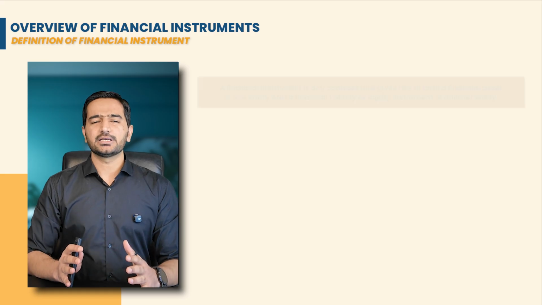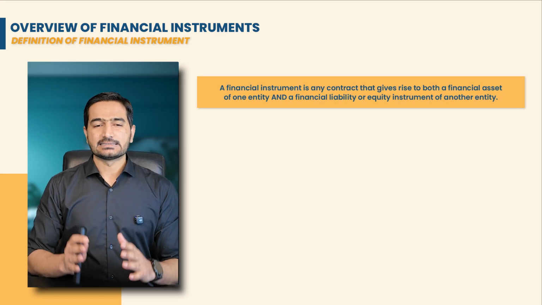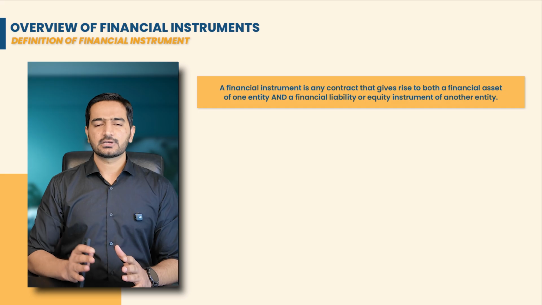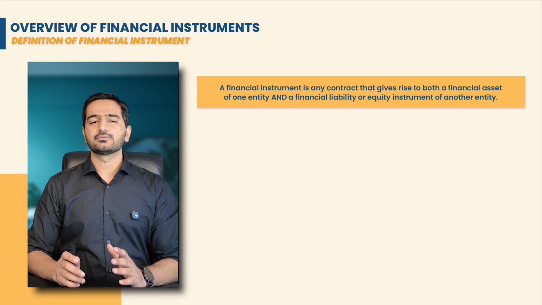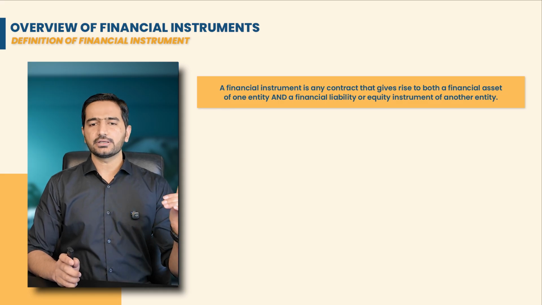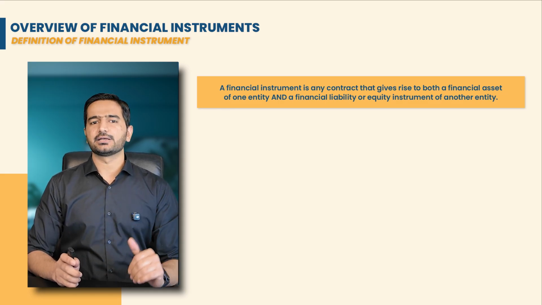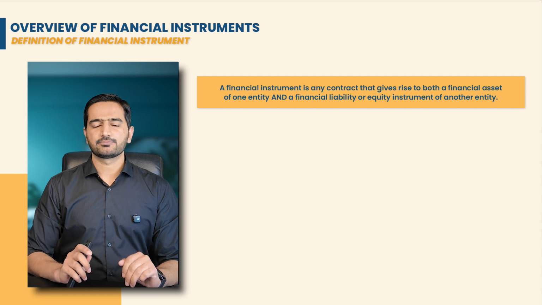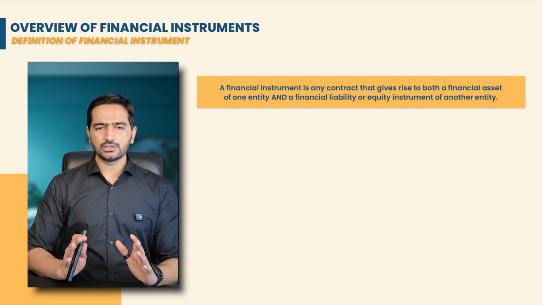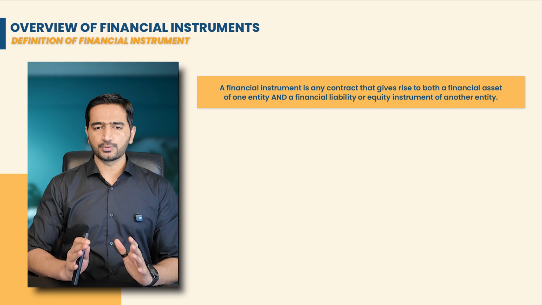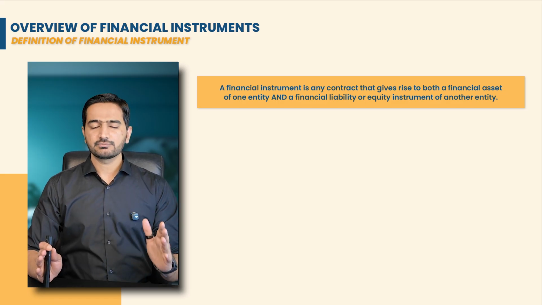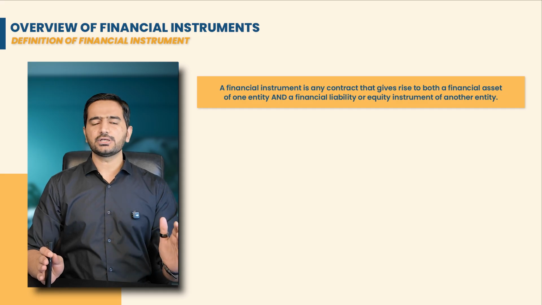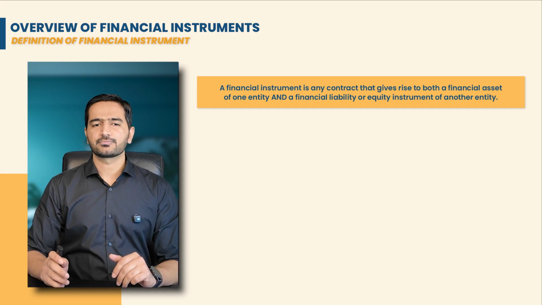A financial instrument is a contract that gives rise to both a financial asset of one entity and financial liability or equity instrument of another entity. Let me repeat. A financial instrument is any contract that gives rise to both a financial asset of one entity and financial liability or equity instrument of another entity.